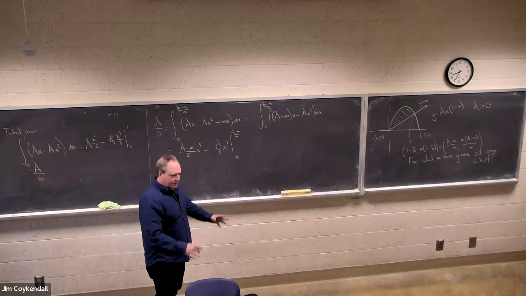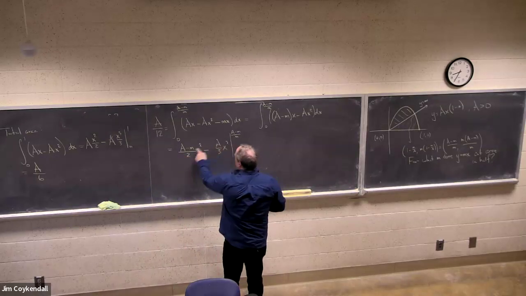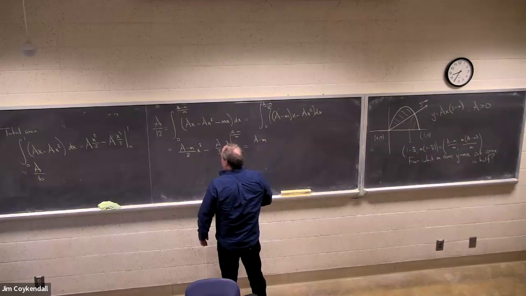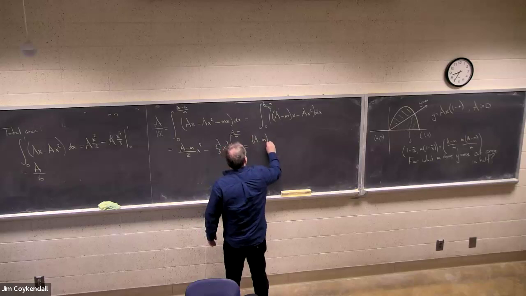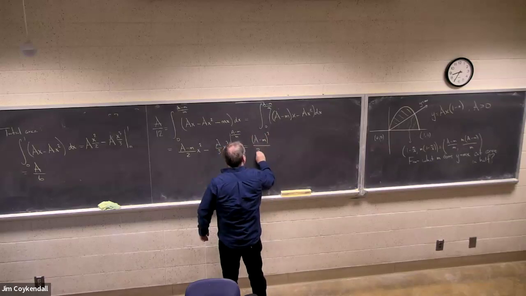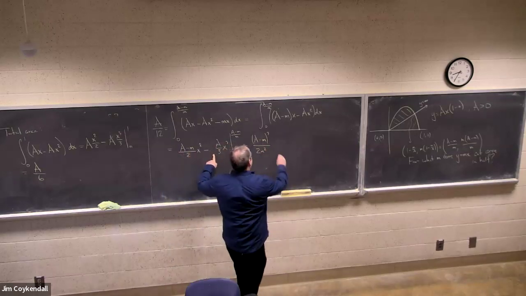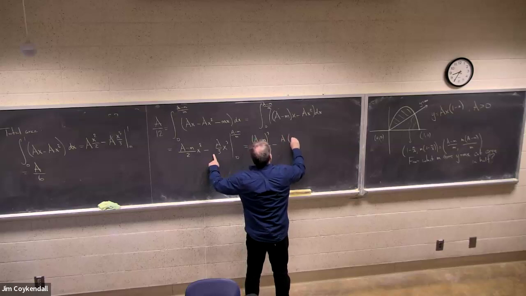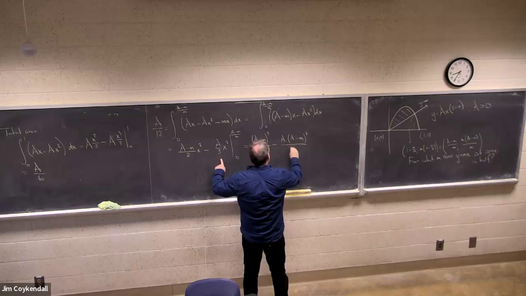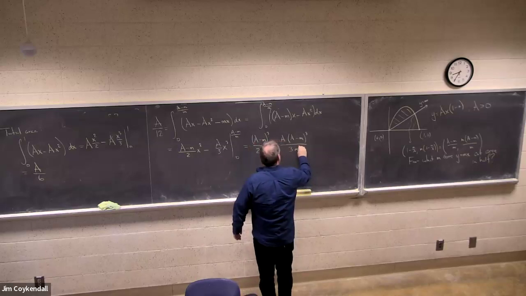But actually, a little miraculous thing happens, because when you put this in right here, you get a minus m cubed over two a squared. Right, and this is minus a times a minus m cubed over three a cubed.